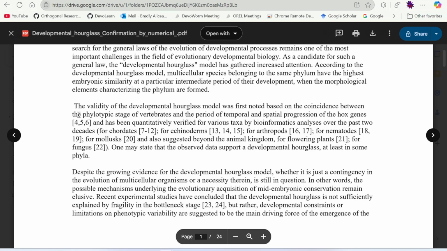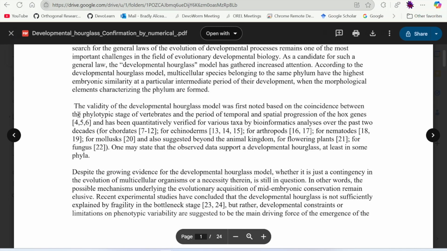You have very famous Hox gene experiments in Drosophila, showing that there are segments of embryogenesis where you can define different stripes of phenotypic differentiation. There's the spatial progression, so it's spatially explicit. And then there's this phylotypic stage of vertebrates, where there's this sort of typicality. There's a connection between the two, and that's the idea behind the developmental hourglass.